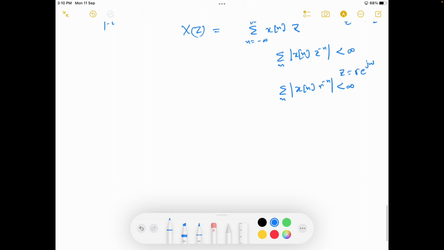Take an example now. For this signal, compute the Z-transform. What is this signal? What is u[n]? Step function. It means for n less than 0 it is 0, for n greater than or equal to 0 it is 1. Can you compute the Z-transform for this?